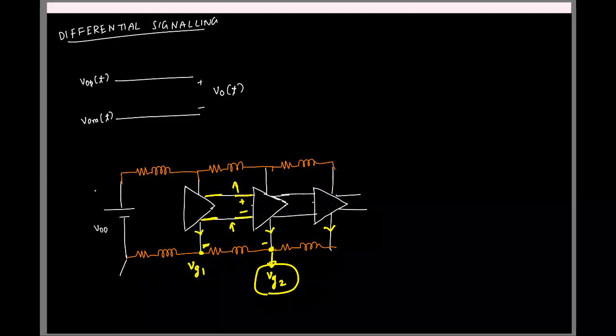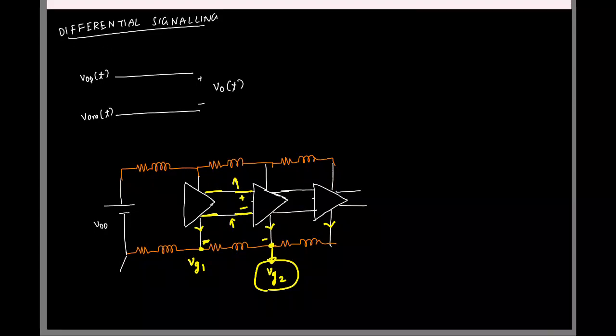So as you see now, this is going to be immune to variations in ground. So let's look at the issue of interference before coming back to the supply rejection. Let's look at a case where we have an interfering signal nearby.